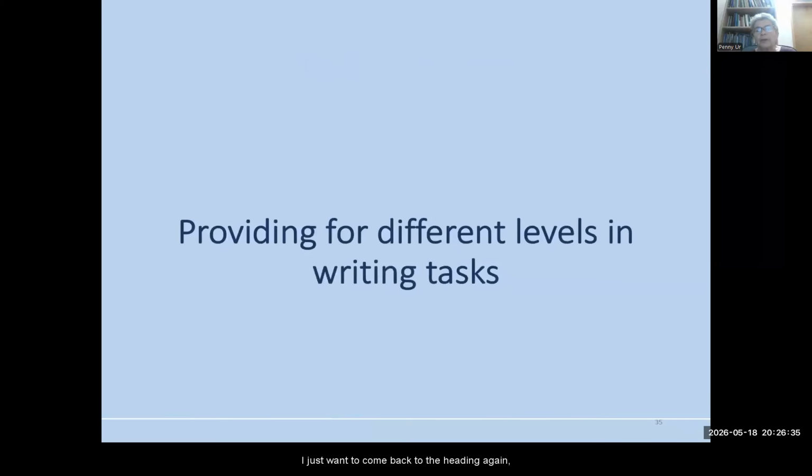I just want to come back to the heading again, just to clarify what I meant. I have a group who are of different levels. Some write very easily and fluently and have a good level of English, and others find it much, much more difficult and can write much less in the given time because they write slowly. You need to give a task which caters for your different levels.